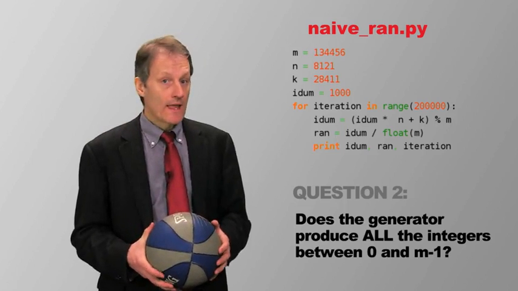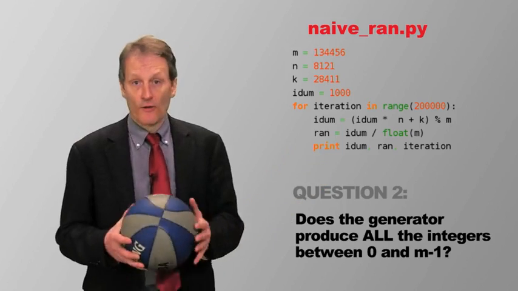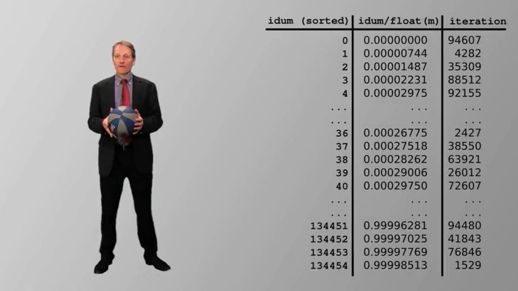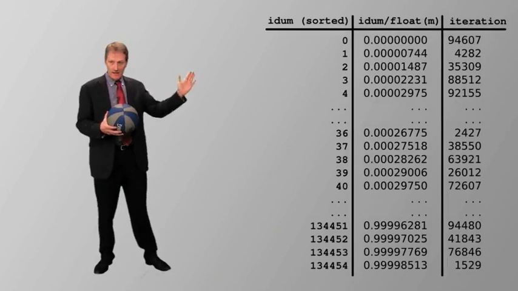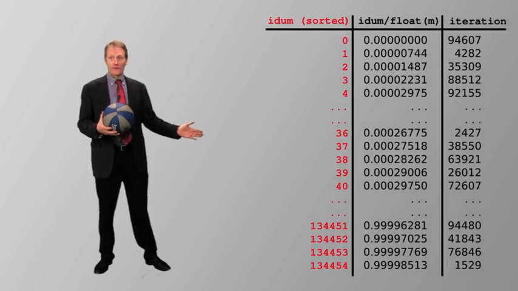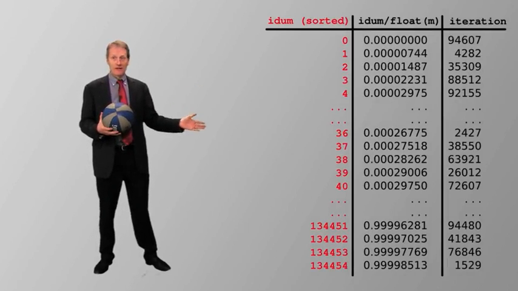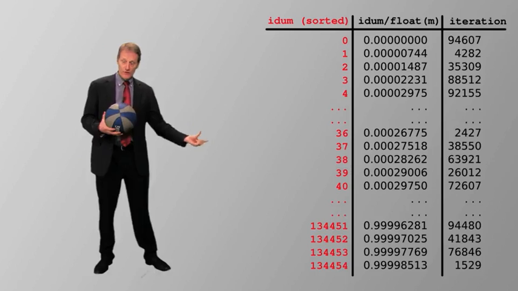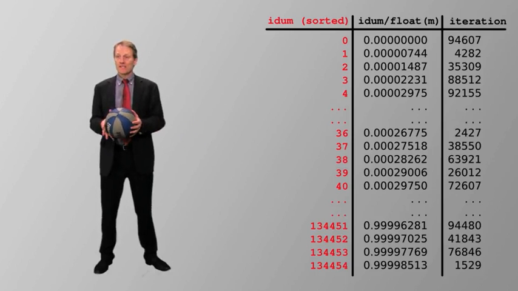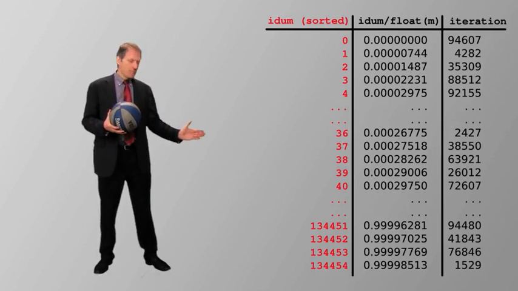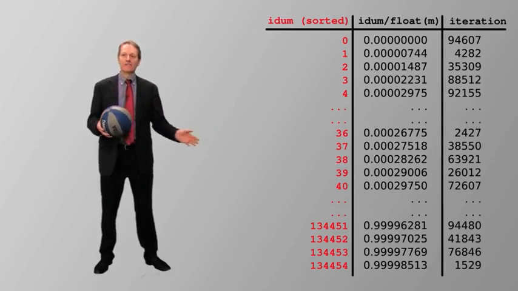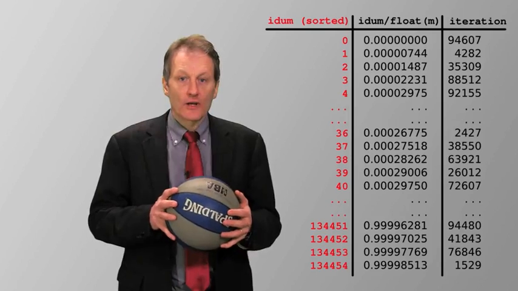Well, as you may find out for yourself, for example, by sorting the output of the random number generator along the first column, you see that all the numbers between 0 and m minus 1 are represented. Question 3.